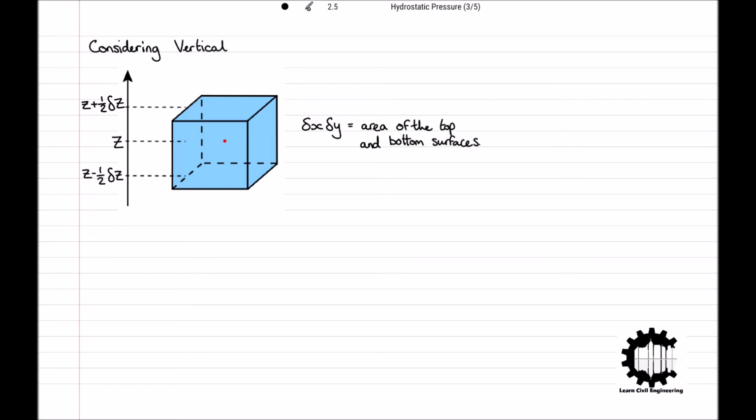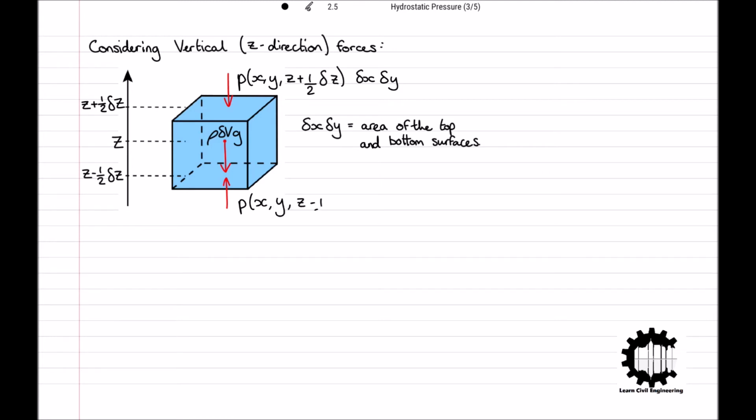Considering the forces acting on delta V in the vertical z direction, we have the weight of the fluid element, rho delta V g, acting downwards; the force acting on the top surface of the fluid element, which is equal to the pressure with respect to the coordinate x, y, z plus half delta z, times the area of the surface delta x delta y, as force is equal to stress times area; and finally the force acting on the bottom surface of the fluid element, which is equal to the pressure with respect to the coordinate x, y, z minus half delta z, times delta x delta y.